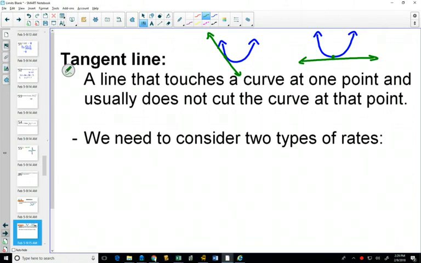There is an example, or a couple of examples, where you could have a tangent line that actually cuts through the curve. One of those examples is with an x-cubed graph. If I have an x-cubed graph, the tangent line at 0 is actually flat, and it cuts through the curve.